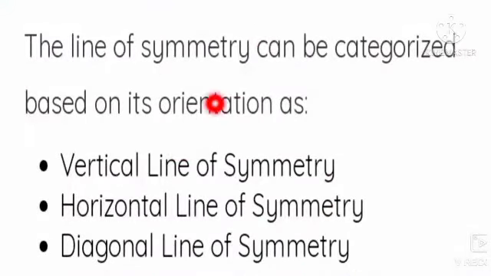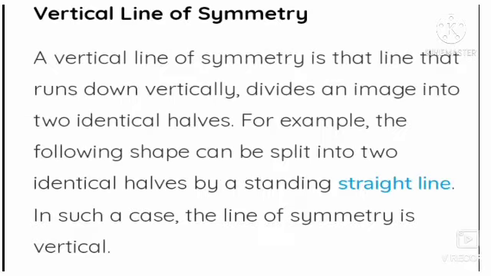The line of symmetry can be categorized based on its orientation as vertical line of symmetry, horizontal line of symmetry, diagonal line of symmetry. Vertical line of symmetry. A vertical line of symmetry is a line that runs down vertically and divides an image into two identical halves.